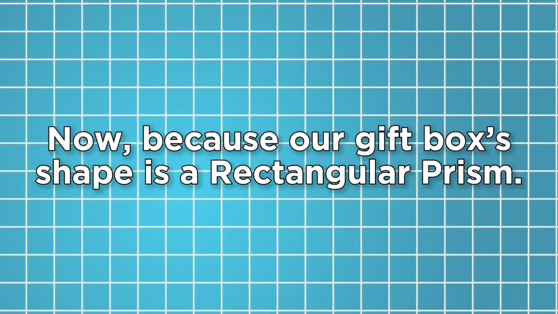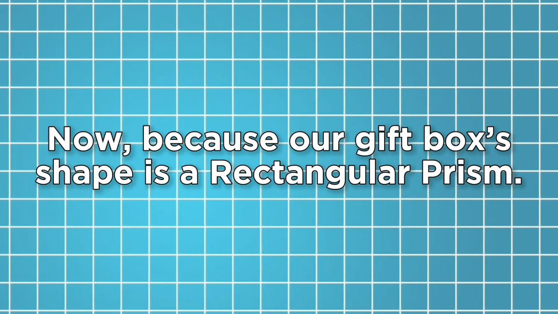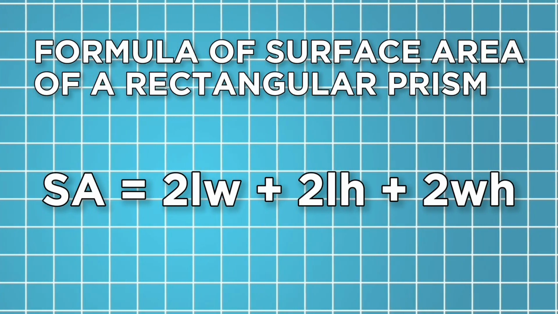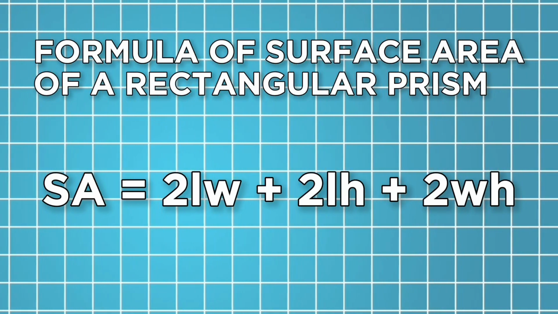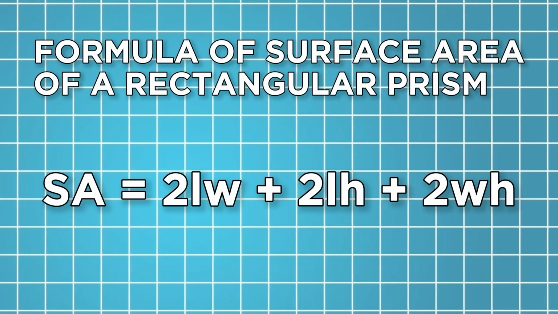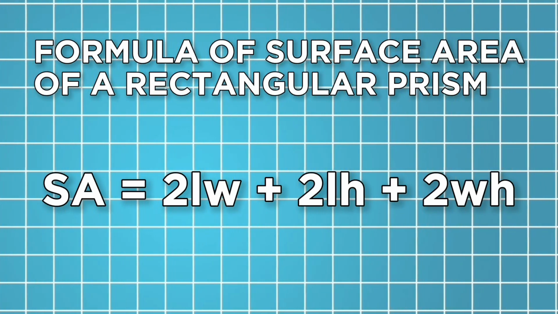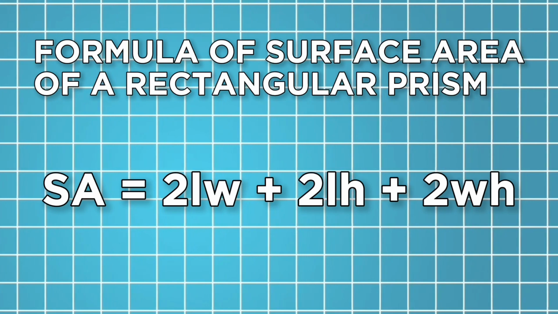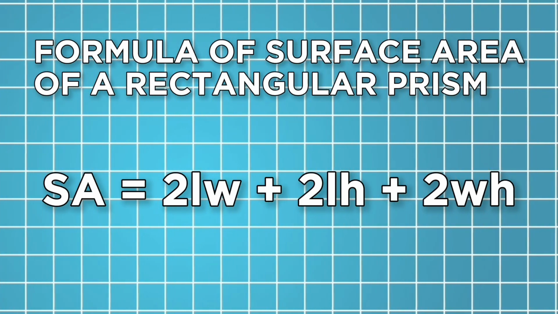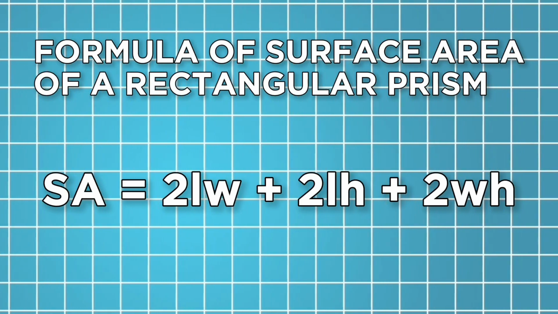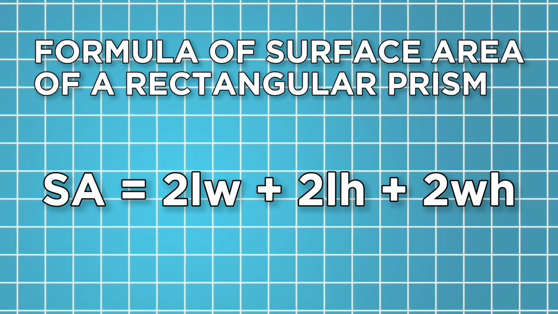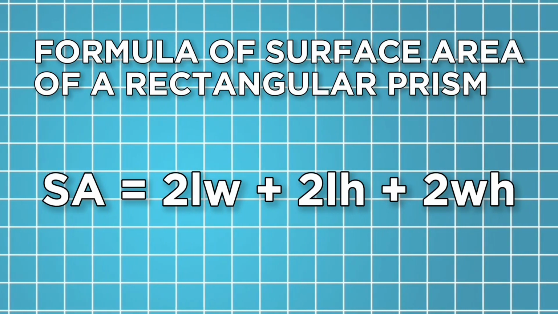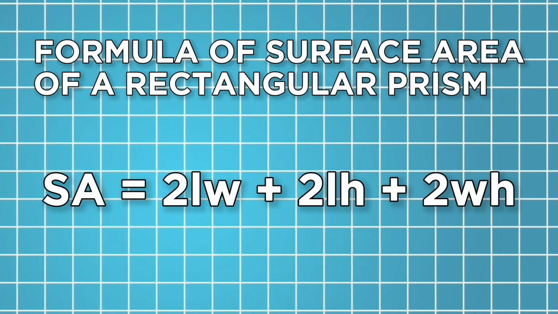Now, because our gift box's shape is a rectangular prism, this will be the formula we will use in finding its surface area. Surface area, or SA, equals 2 multiplied by length multiplied by width, plus 2 multiplied by length multiplied by height, plus 2 multiplied by width multiplied by height.